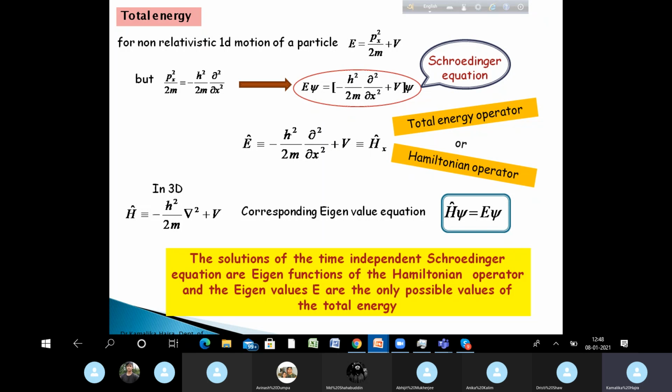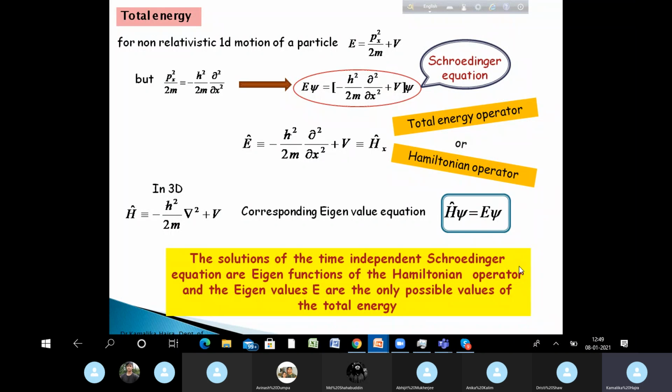Once again, I'll just repeat what I said. See, this equation is basically boiling down to a compact form where we write H psi equal to E psi. So psi, which is the solution of the Schrodinger equation, is an eigenfunction of the Hamiltonian operator with the eigenvalue of E, which is the total energy. So we can now say that the solutions of the time-independent Schrodinger equation are eigenfunctions of the Hamiltonian operator.